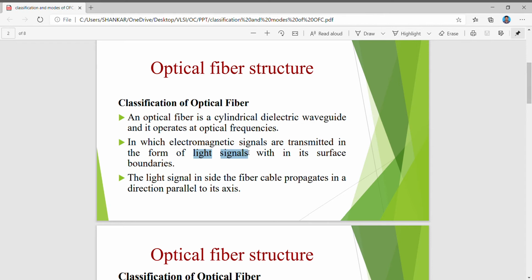The transmitted signals should stay within the surface boundary. Whatever light signals you are transmitting are always within the boundaries, and the light signal inside the fiber cable propagates in the direction parallel to its axis.